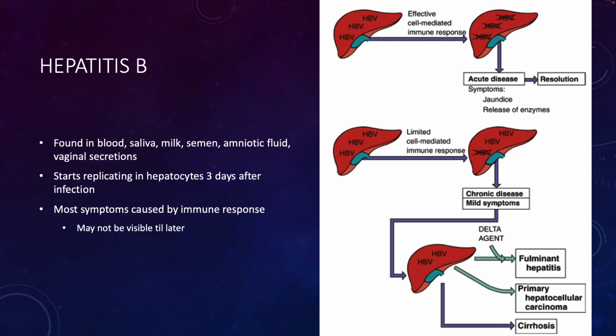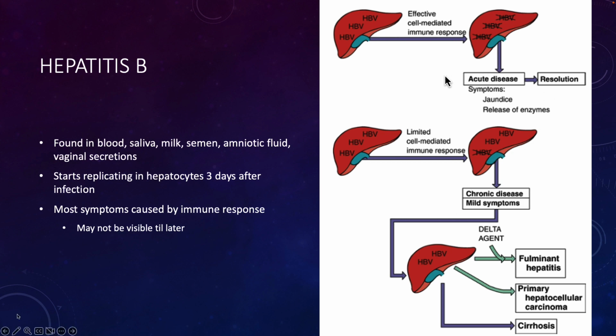And those symptoms may not show up until a significant period of time after the initial stage of infection, because remember, it takes time to build a specific cell-mediated immune response. It can take anywhere from 7 to 10 days. So patients may experience some symptoms like nausea, abdominal pain, etc., before they experience the immunopathogenesis like jaundice or the release of the liver enzymes.